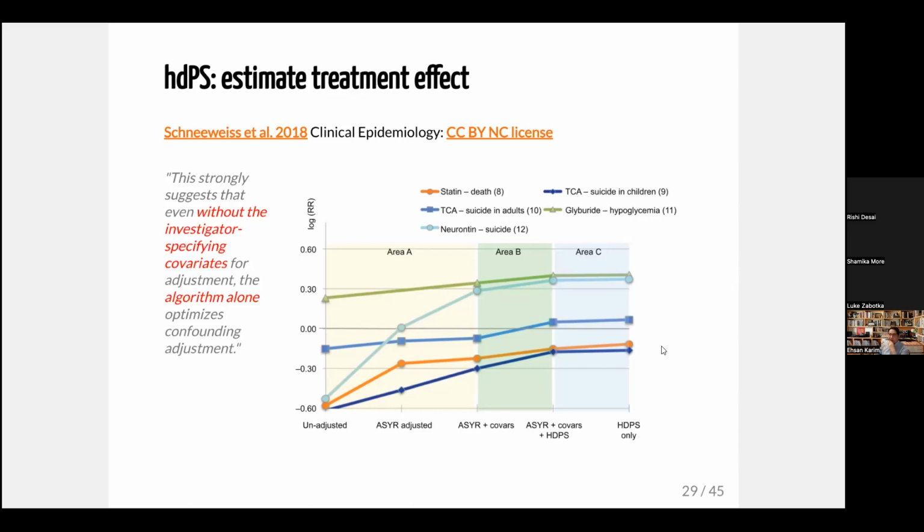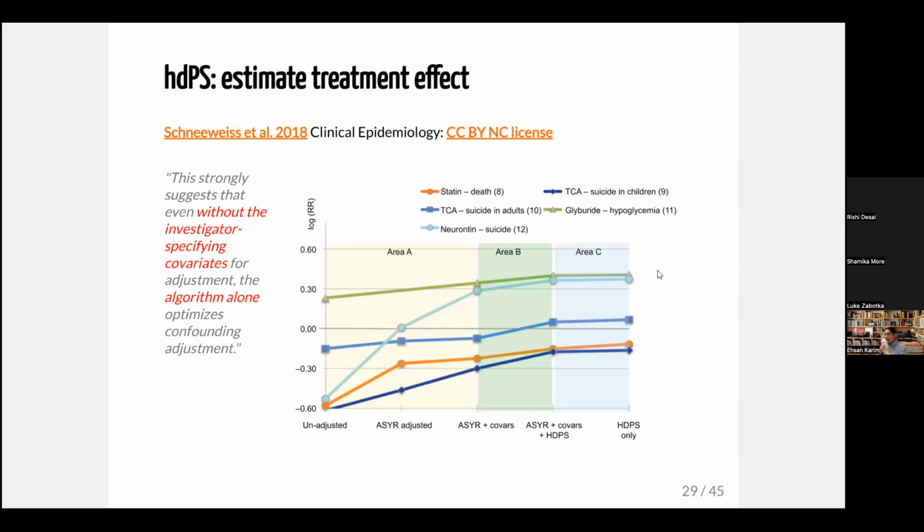This chart basically says that when you are using the investigator specified covariates as well as 500 empirical covariates selected by the hdPS algorithm, you get a certain estimate. But when you are using only 500 empirical covariates without the investigator specified covariates, you are essentially getting the same estimates, right?